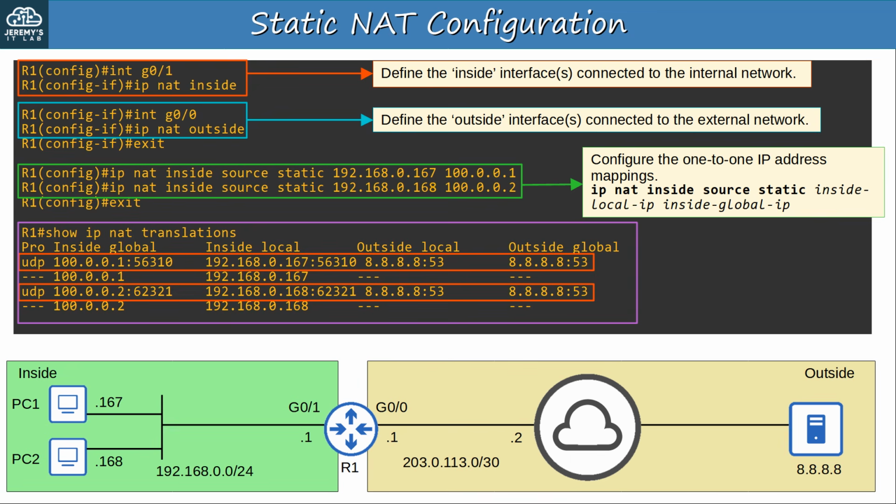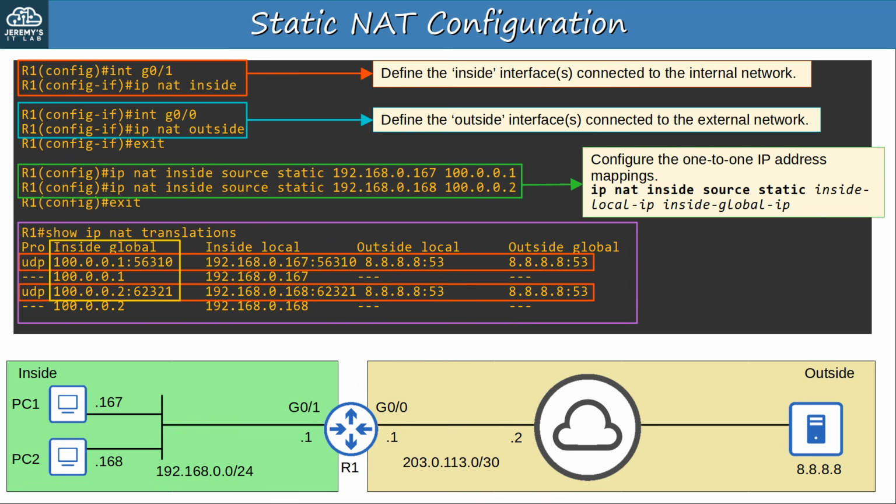Let's look at each column from left to right. On the left is the protocol column, indicating that UDP was used. Then, the inside global address column. Notice that next to each IP address there is a colon followed by a number. What do you think that number is? It's the port number. For static NAT, you don't have to pay too much attention to the port numbers.